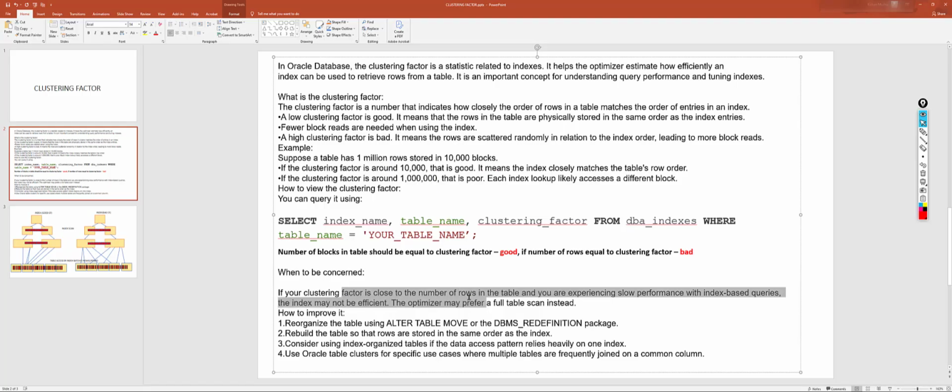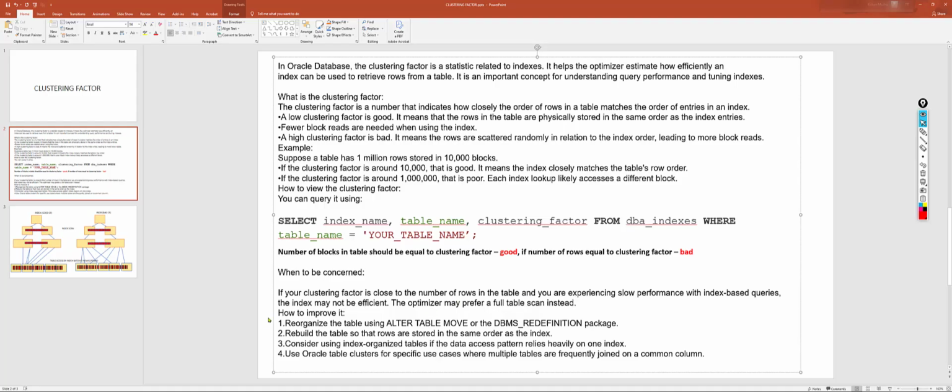If the clustering factor is close to the number of rows in the table, you are experiencing slow performance with index based queries. Definitely if the clustering factor is bad we will get a performance issue, because a lot of physical IOs will be involved. Physical IOs are very expensive, so the index may not be efficient. So the optimizer may automatically ignore that index and go for a full table scan instead of using an index.